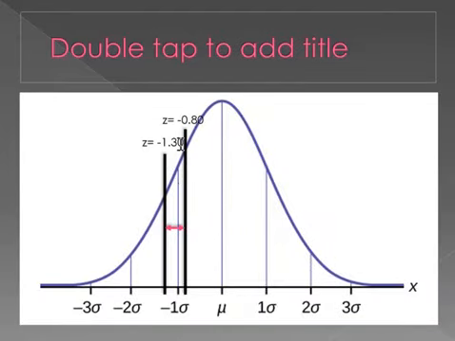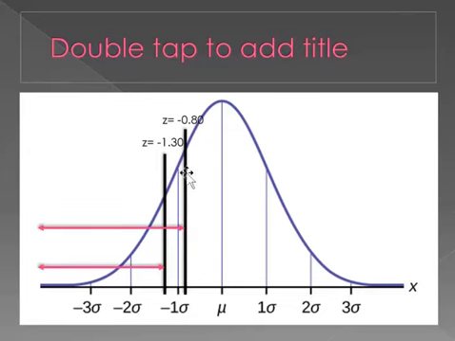And here I've plotted them, right? Here's negative 0.80. This is the z-score for a speed limit of 50. Negative 1.30 is the z-score for a speed limit of 45. And what we're trying to do is determine the proportion of people that were traveling between these two speeds. And again, I typically look in the tail, right?